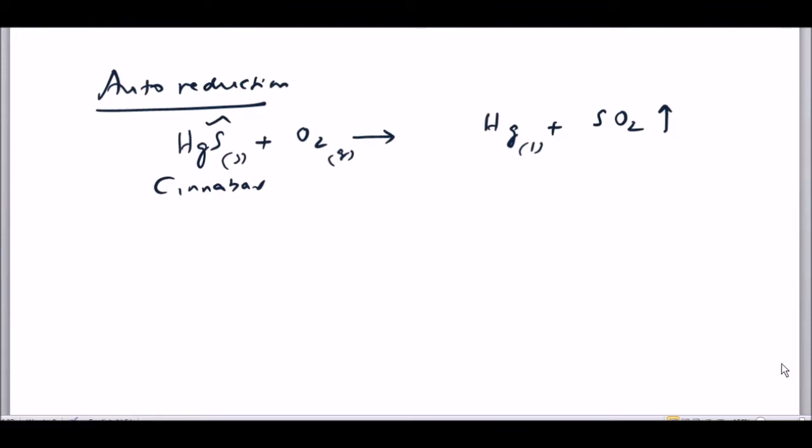Then we have to learn about the thermodynamic principle of metallurgy. In the thermodynamic principle of metallurgy, the main idea is the selection of the reducing agent. On which basis?